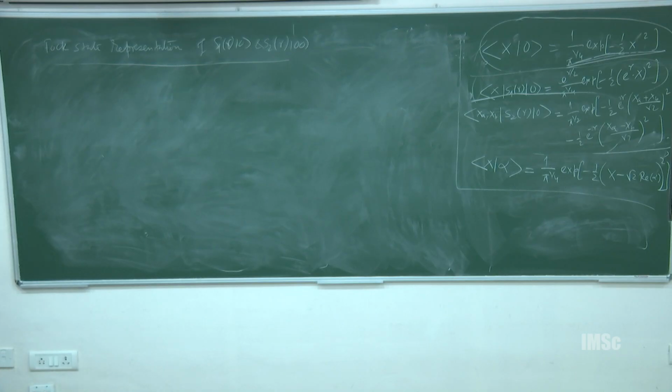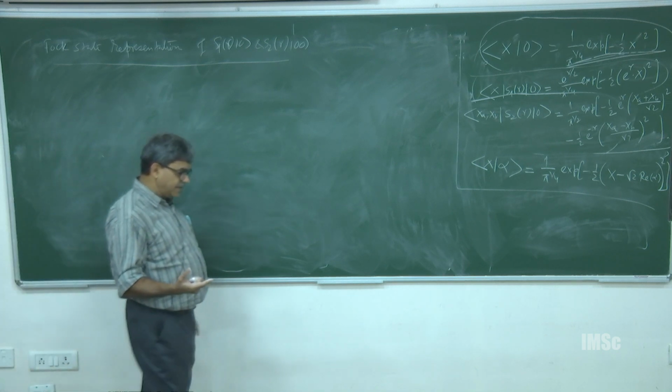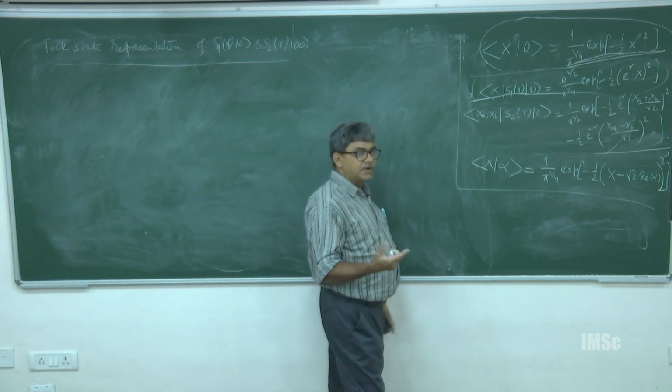There are different ways of finding out the Fock state representation, but if you want to do it directly, it is a mess, you cannot do that. For squeezing, I told you that the corresponding transformation, at least in the single mode case, is an SU(1,1) transformation.